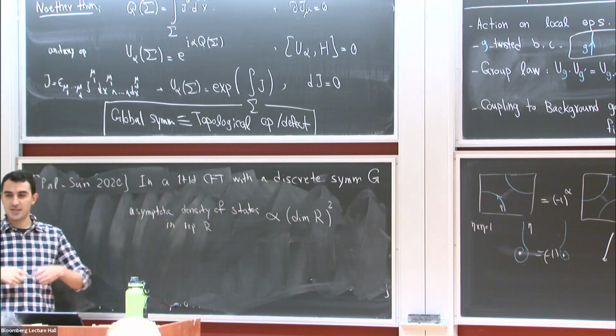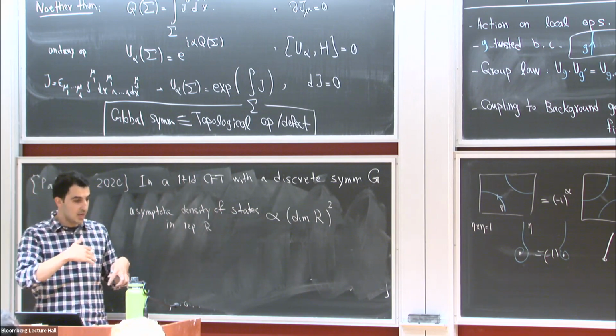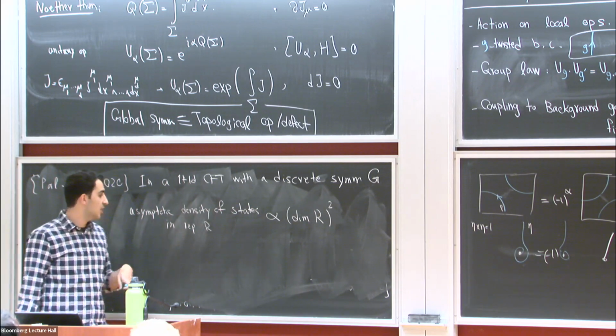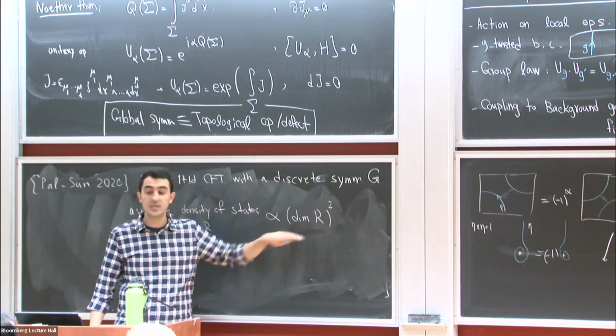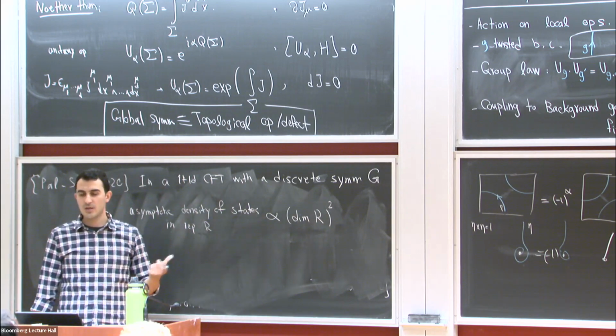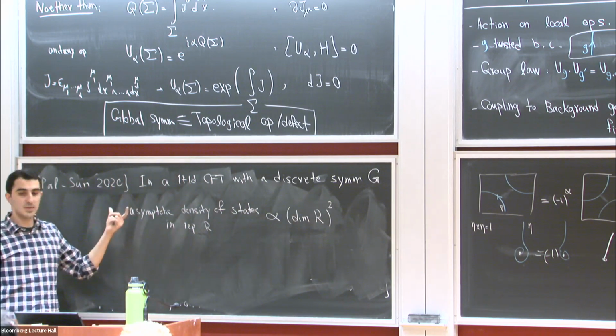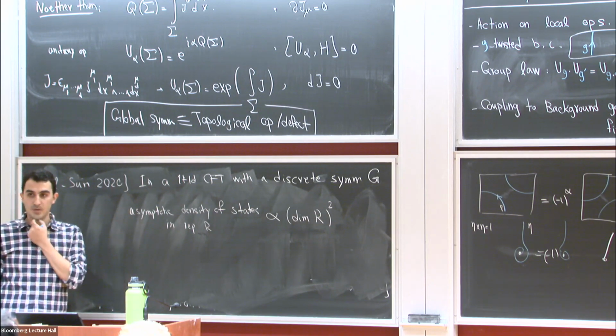For the Cardy formula, we have an asymptotic relation for the asymptotic density of states, but this makes it finer, and it says that when you take very high temperature, the given representation R should appear dim R squared times with this proportionality factor. What I'm going to do today is generalize this result to when I have a finite non-invertible symmetry. Is it clear?